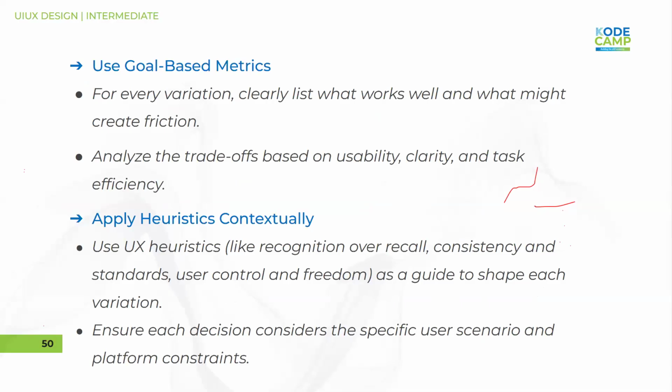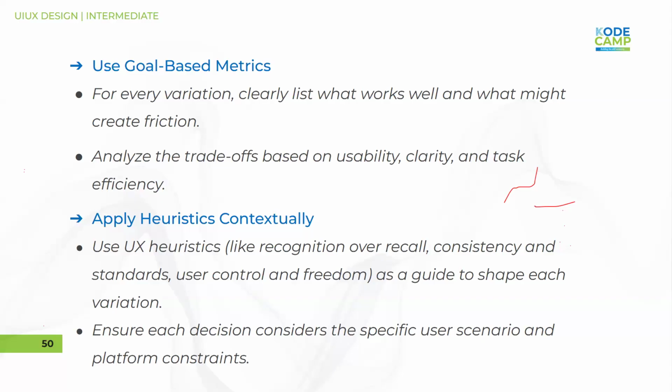So use goal-based metrics. For every variation, clearly list what works well and what might create friction. And also analyze the trade-off based on usability, clarity, and tax efficiency. Also apply heuristics contextually.